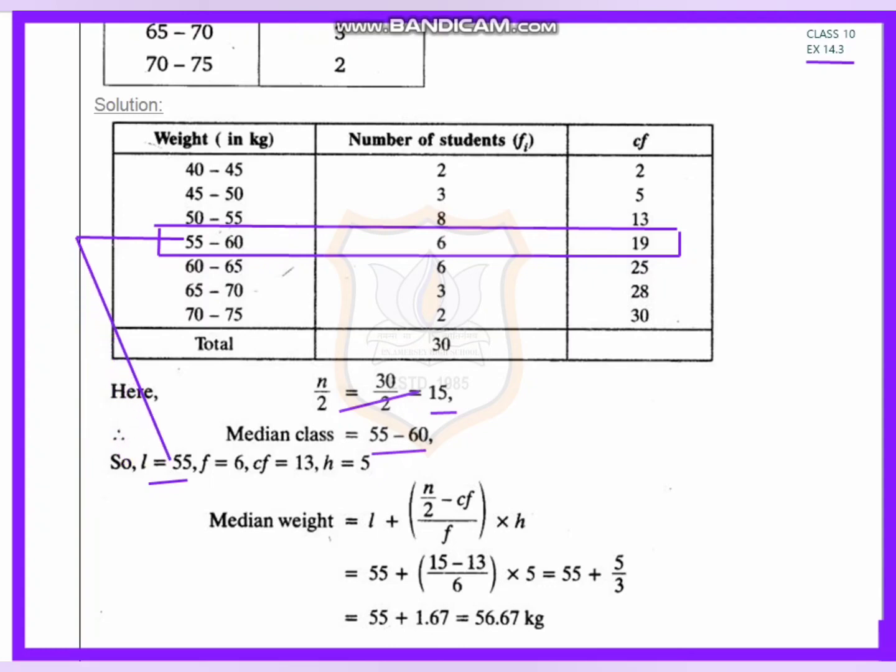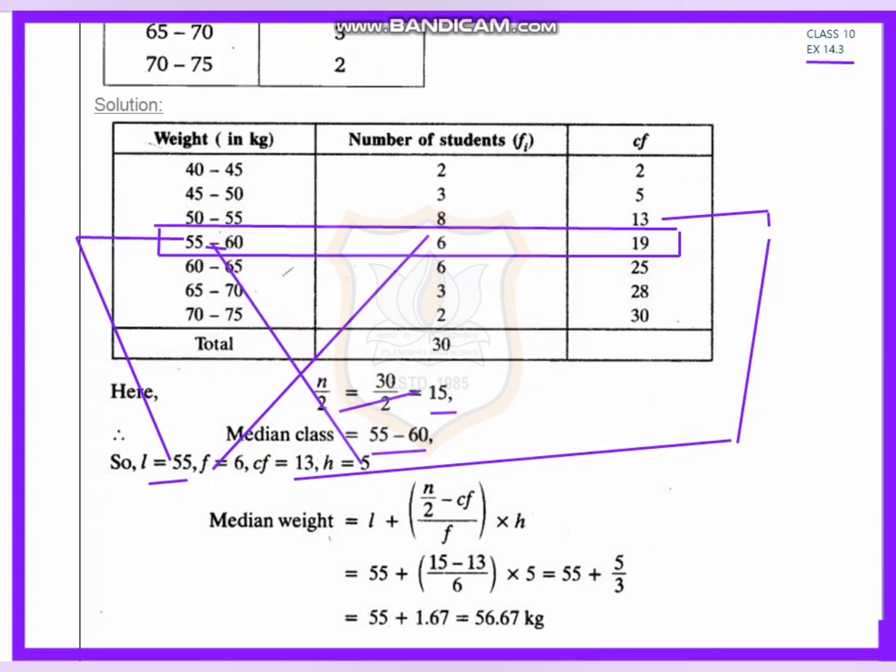The frequency is directly 6, 13 is used as Cf, and h is the difference 60 minus 55, which is 5. So L is 55, n by 2 is 15, Cf is 13, f is 6, and h is 5.